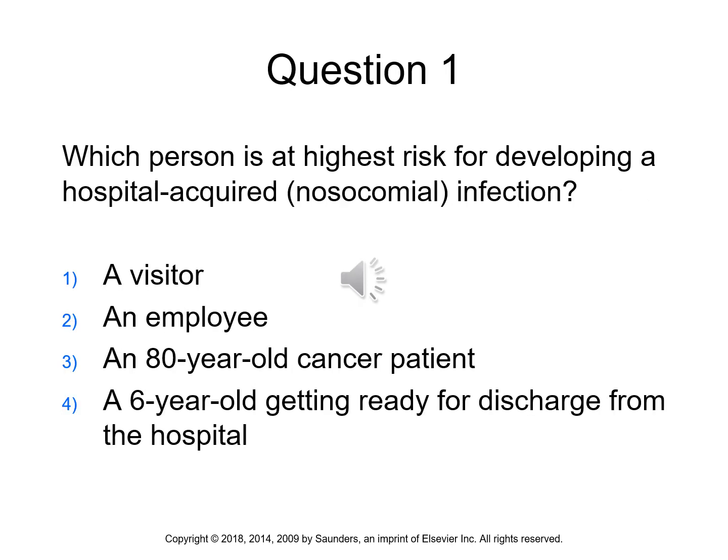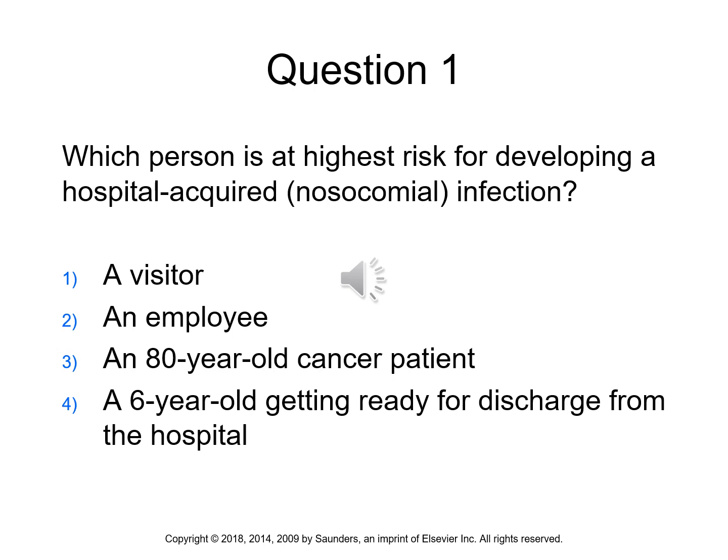All right, let's look at this question. Which person is at highest risk for developing a hospital-acquired nosocomial infection? A visitor, an employee, an 80-year-old cancer patient, a 6-year-old getting ready for discharge from the hospital.